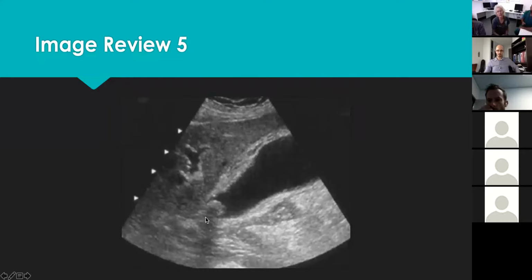It could still represent some degree of sludging. We'd want to see it from a different angle to see if we could demonstrate a dark shadow behind it. And colour. Because it could be a polyp, I guess. Yeah. And if we put colour Doppler over it and see flow, then it's obviously a polyp.